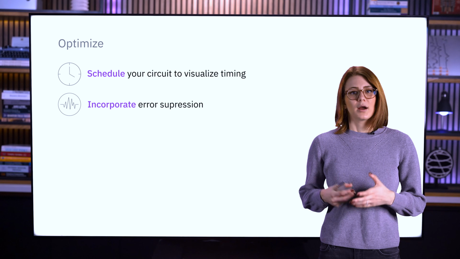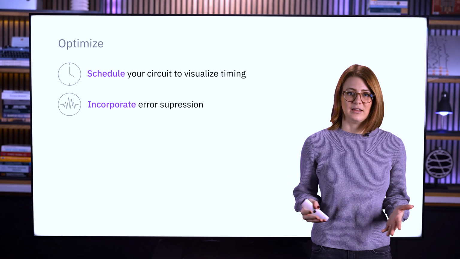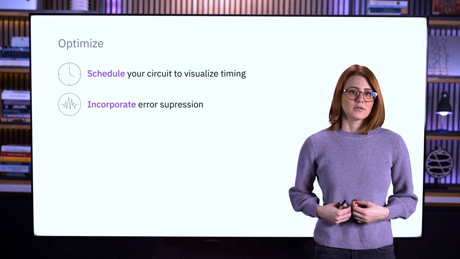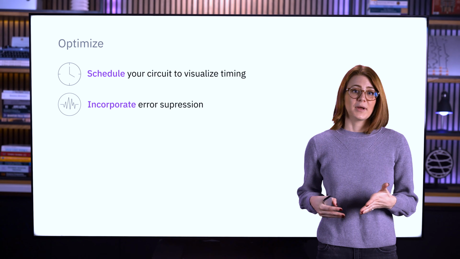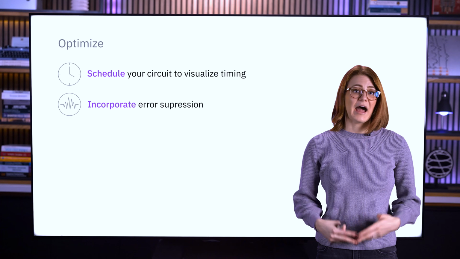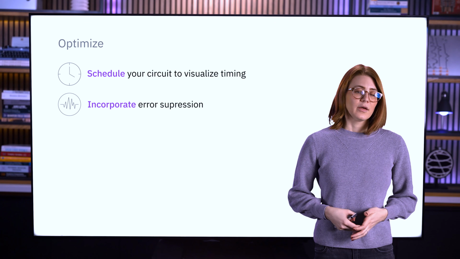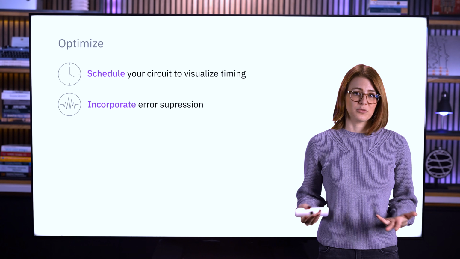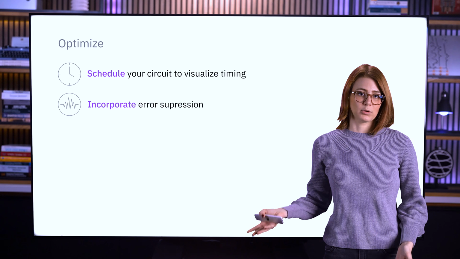Now let's talk about error suppression. Error suppression refers to various techniques that transform a circuit during compilation to minimize errors. It's different from error mitigation, which takes place after the circuit has already been run, and we'll come to that shortly. The two most common forms of error suppression that we take advantage of are dynamical decoupling and Pauli twirling.